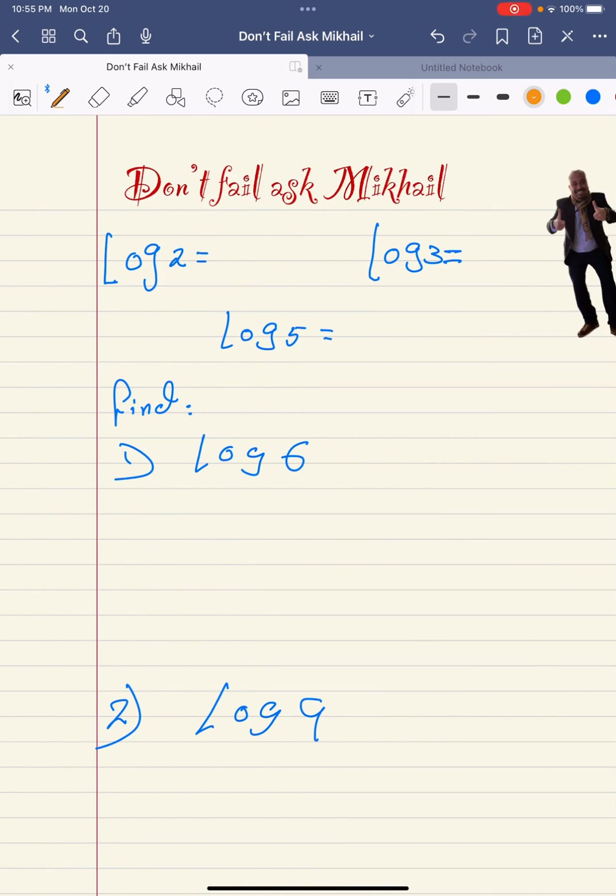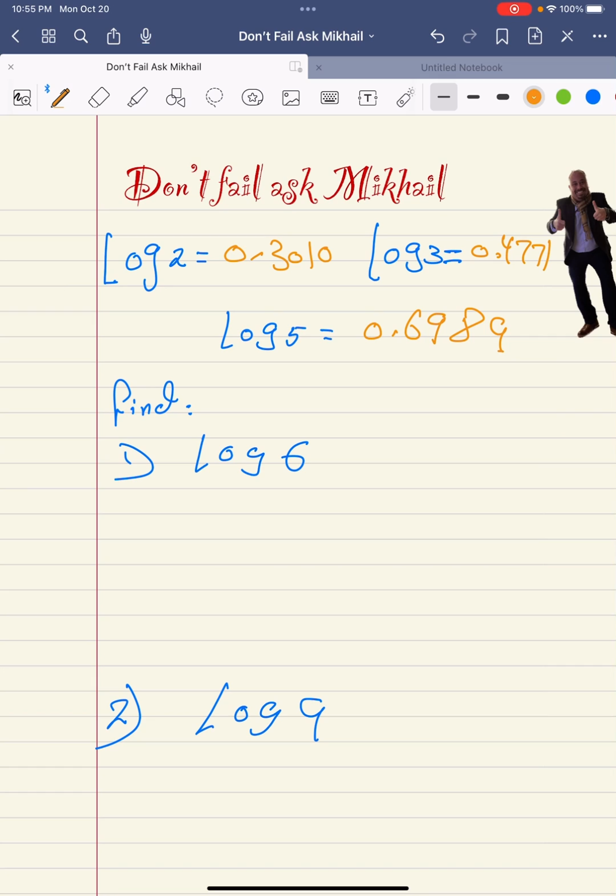Let's say, if we use the calculator, log 2 equals 0.3010. Log 3 equals 0.4771. And log 5 equals 0.6989.